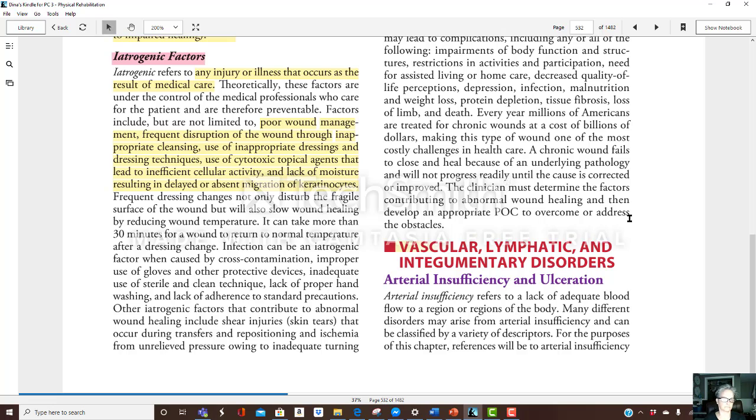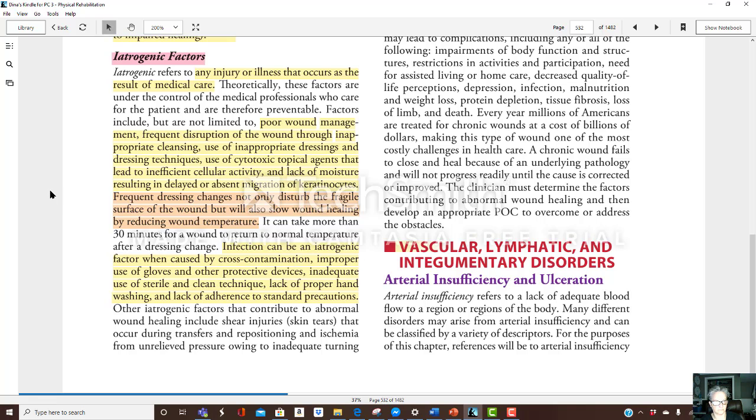Frequent dressing changes not only disturb the fragile surface of the wound but will also slow wound healing by reducing wound temperature. It can take more than 30 minutes for a wound to return to normal temperature after a dressing change. Infection can be an iatrogenic factor when caused by cross-contamination, improper use of gloves and other protective devices, inadequate use of sterile and clean technique, lack of proper hand washing, and lack of adherence to standard precautions.